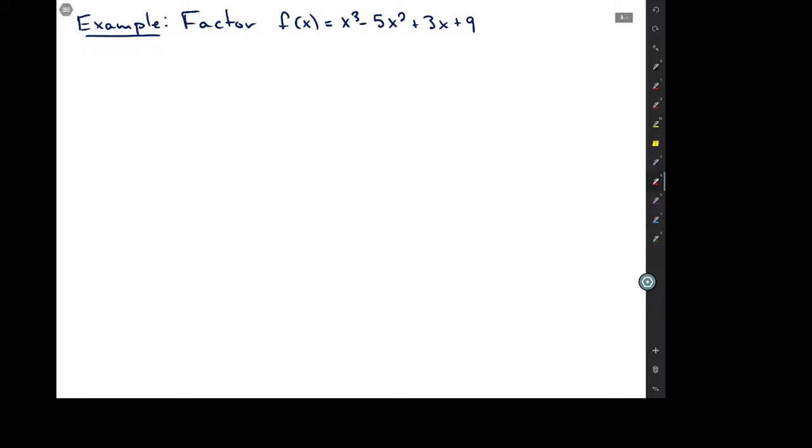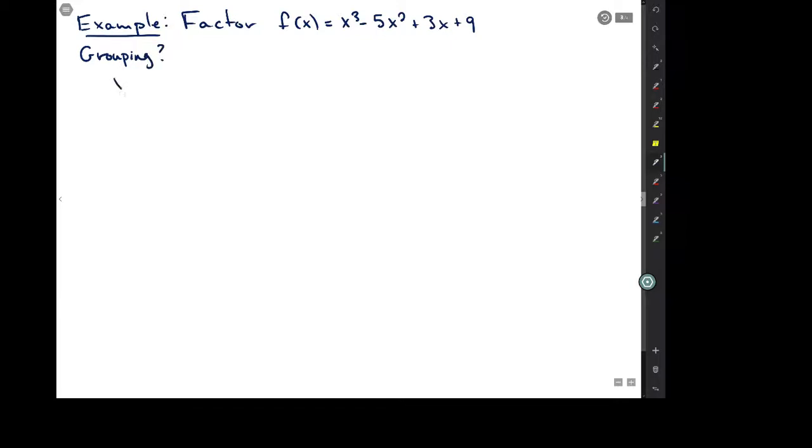Okay, let's look at another example. We want to factor f of x equals x cubed minus 5x squared plus 3x plus 9. We'll get to the long division eventually, but first, this is a cubic, so I want to try something easier if I can. Could I factor this by grouping? That would certainly be easier than what we were just doing.